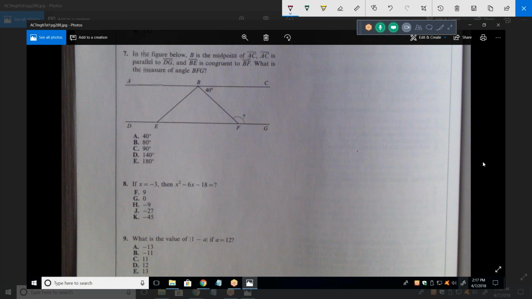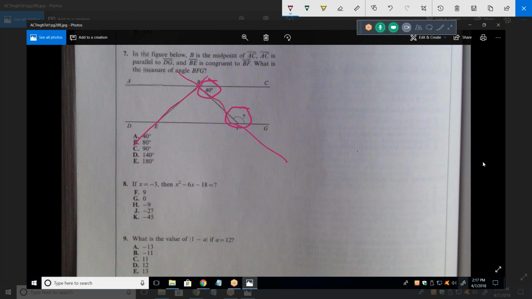So, what ACT does is it tries to confuse you by putting multiple transversals on here. In other words, they've got a transversal there, and they also have a transversal there. What's the relationship between the acute angle and the obtuse angle?